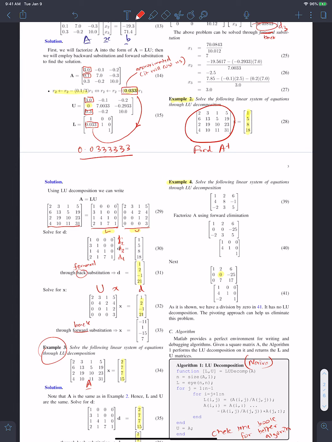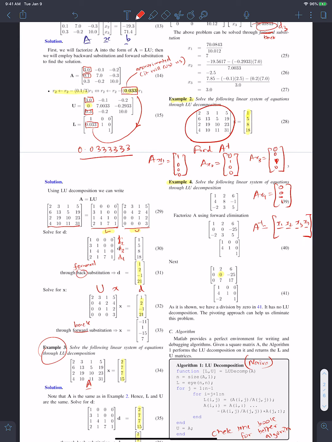You have to solve for AX1 is equal to 1 0 0 0, and then AX2 is equal to 0 1 0 0, and then AX3 is equal to 0 0 1 0, and then AX4 is equal to 0 0 0 1. So A inverse will be X1, X2, X3, and X4.